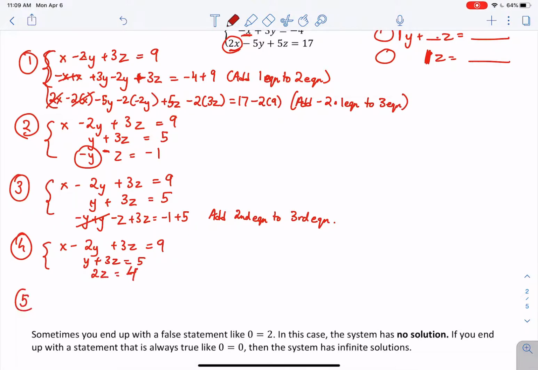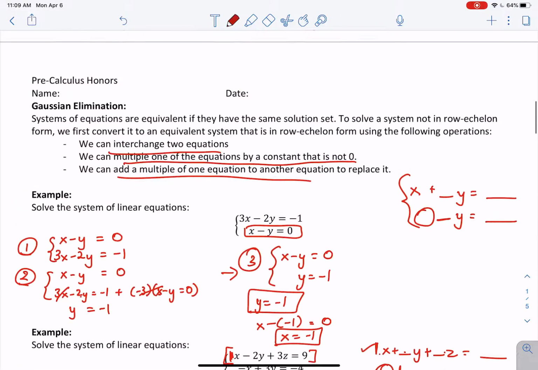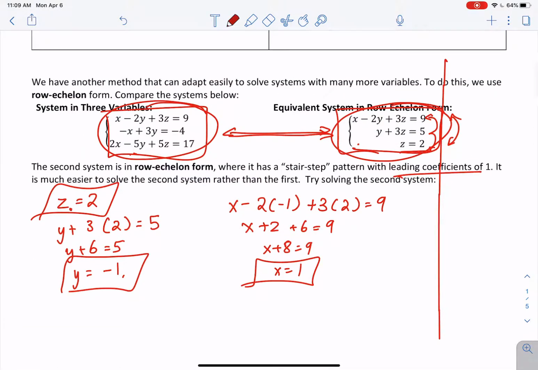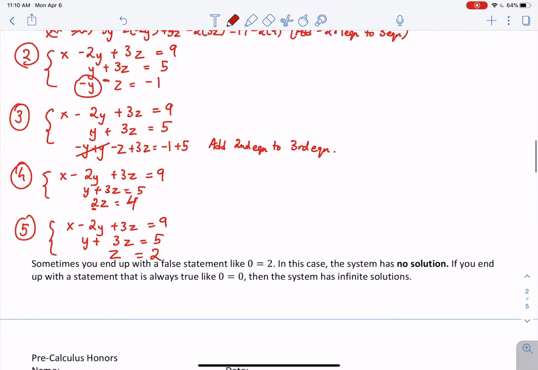In the last step, we just want this to be a 1 instead of a 2. So I'll just divide that by 2 on both sides. I get z equals 2. And so then I end up with this equation that looks like what I had up here. Z equals 2, y plus 3z equals 5, x minus 2y plus 3z equals 9.